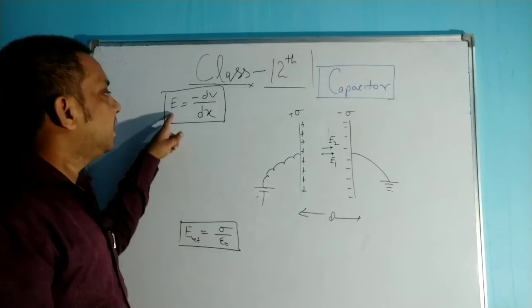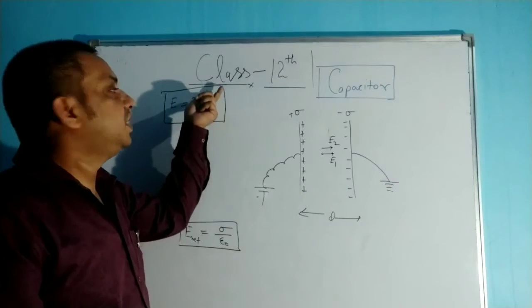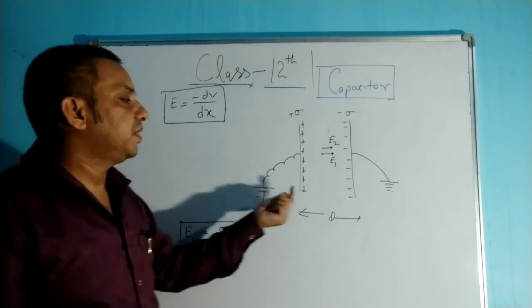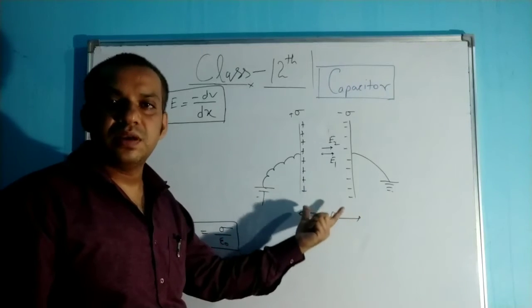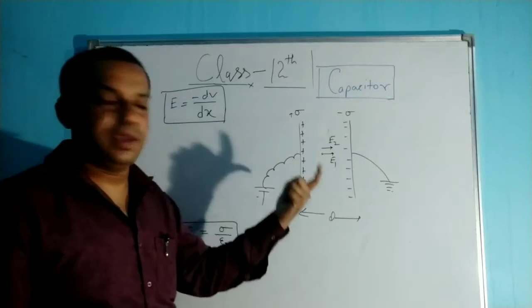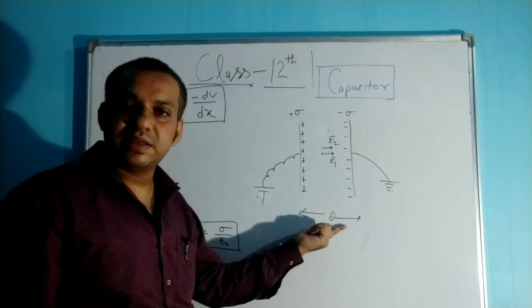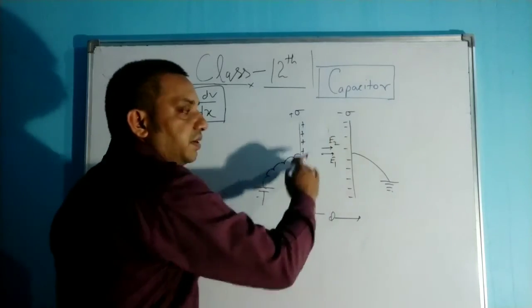Because in an electric field, if you move by a distance ds, then the potential difference built up is dV. So let us assume the potential difference across these two plates is V. That means this dV value is V. And we have to move the d separation in the electric field present here.